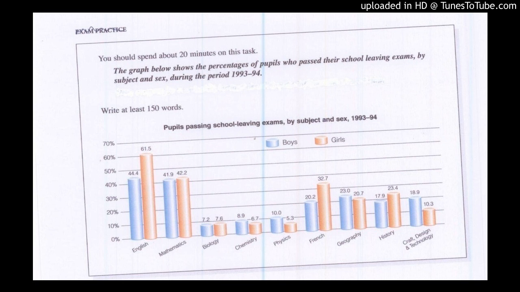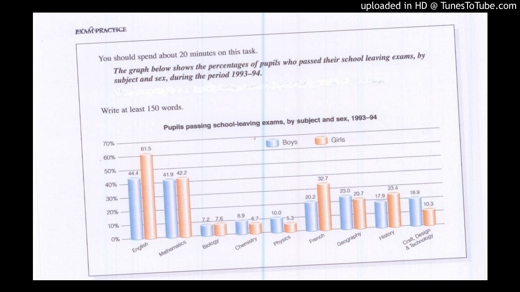If we look at the graph, we can see there are 3 categories of information: the difference between boys and girls, the difference between subjects, and the overall pass rate. The first thing a student has to do when they analyze a diagram is to categorize the different types of information in terms of priority.